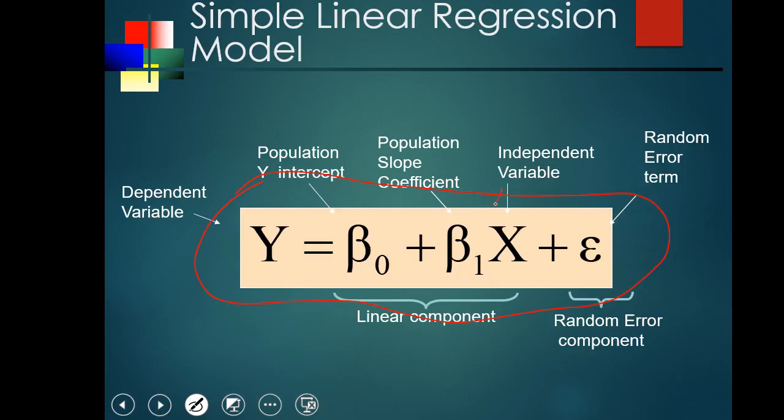Here x and y are the independent and dependent variables respectively, and beta naught and beta 1 are constants. Beta naught represents the y intercept and beta 1 is the slope of the line, which is also the coefficient of the independent variable.